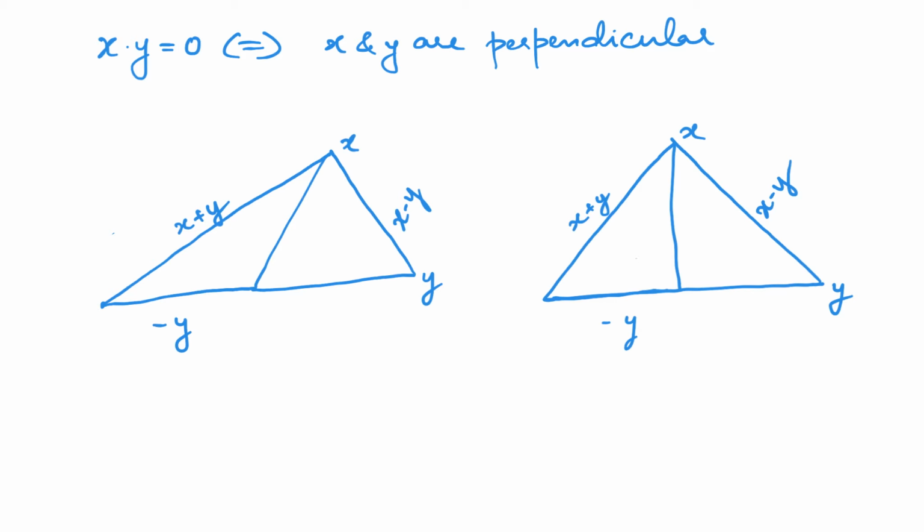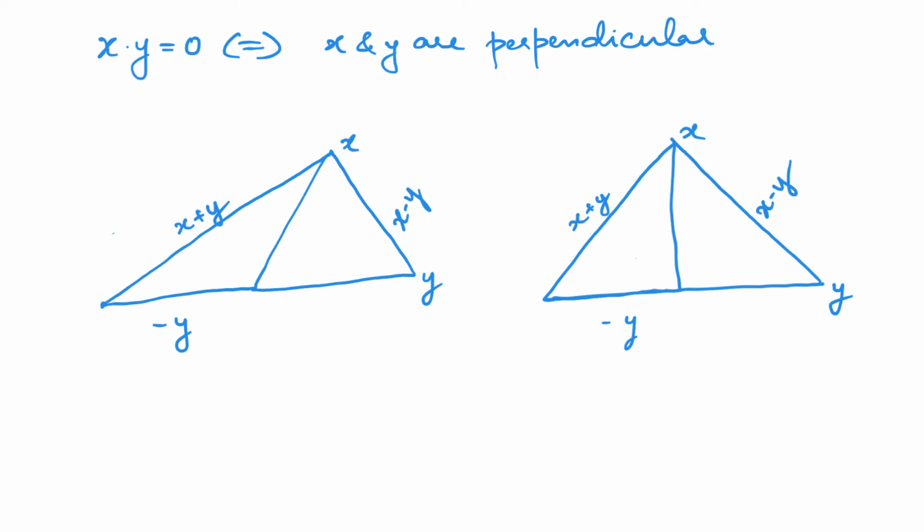Now notice that in this triangle, the line joining this point and the midpoint of its opposite side is not perpendicular. On the other hand, it is perpendicular in this triangle. Why? Because we assumed that x and y are perpendicular to each other.